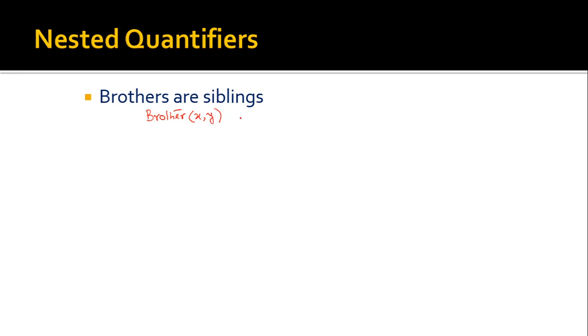From this you can say that x is a sibling of y, so you write sibling(x, y). It should hold true for all x and for all y. So we are nesting this with this.